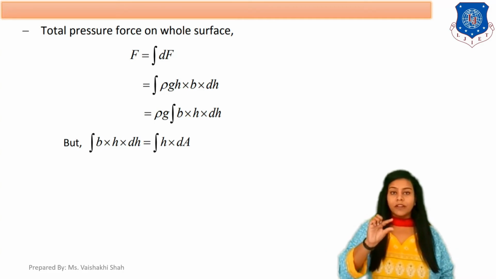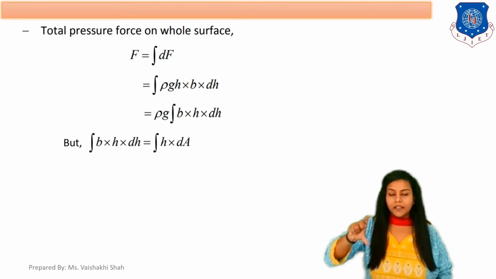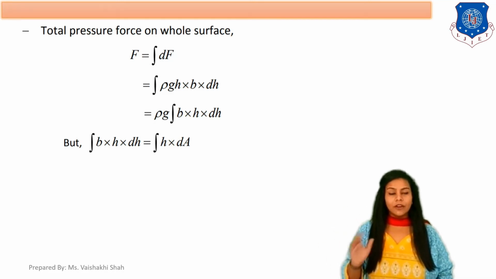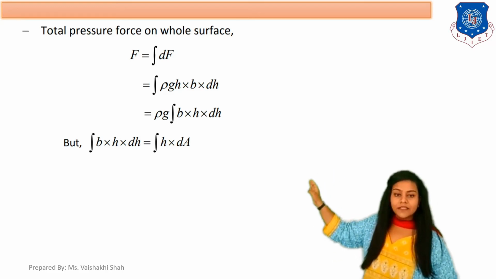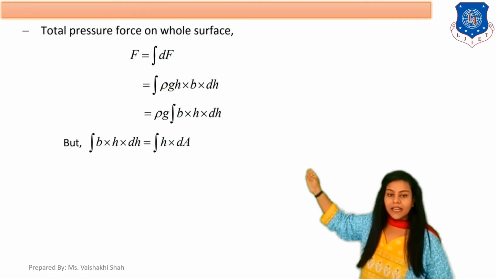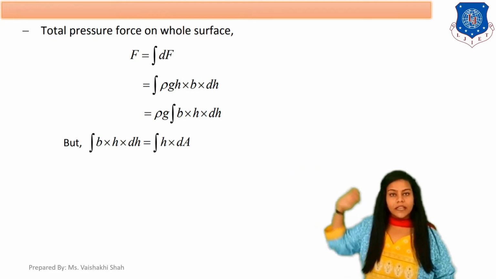Width. And what is dh? That is height. Width into height, you can replace by area. b into dh is your area, so you can say that integration of b into dh equals dA. So your step becomes integration of h into dA.